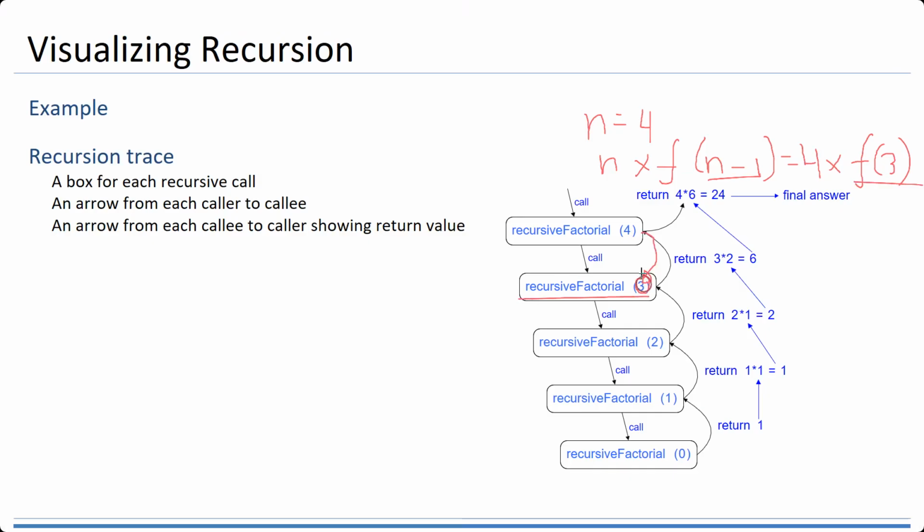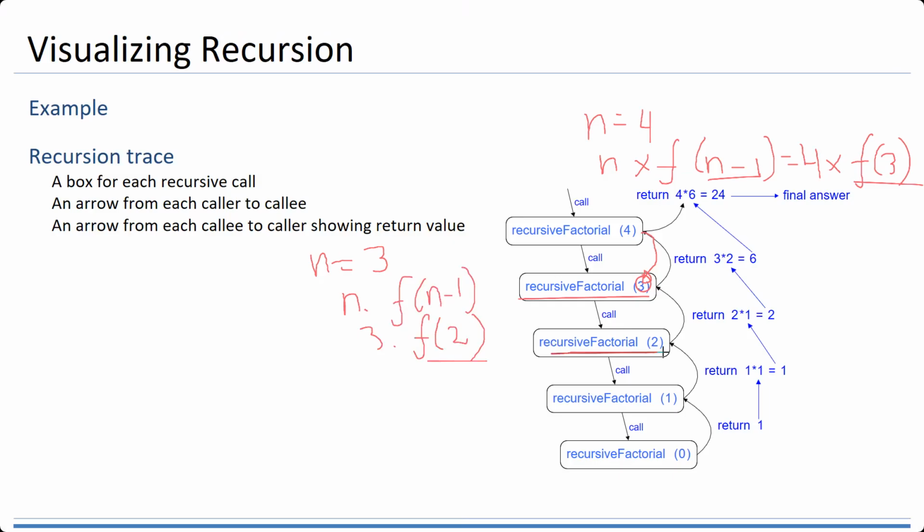We check n equals 3. Is it equal to 0? No. Then we do again n multiplied by f(n minus 1), so we have 3 multiplied by the function with parameter 2.